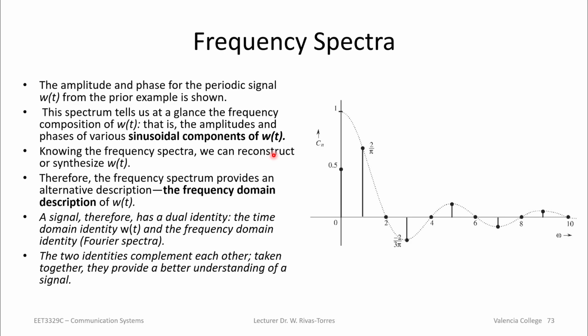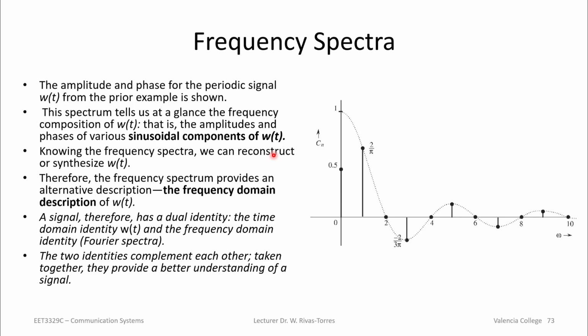So the book goes on to call this a dual identity. I have a little bit of a concern with that. It's the same signal. You're just looking at it from a different point of view, right? You just have to think about a signal in 3 dimensions, where one axis is time, the other axis is frequency, and the third axis is, let's say, the magnitude.